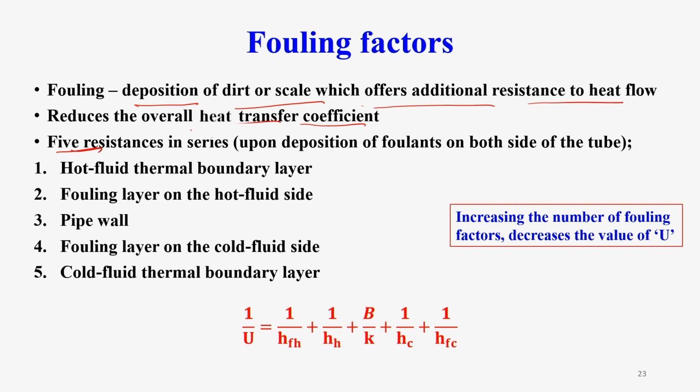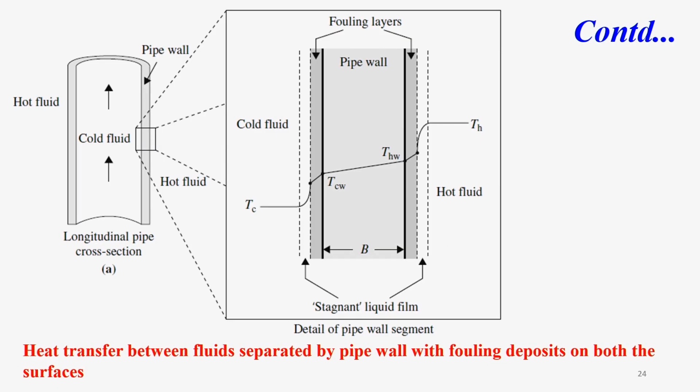First is the hot fluid thermal boundary layer, then a fouling layer, then the pipe wall, again a fouling layer, and then the cold fluid. In the figure, this is the liquid film, and now we are adding the fouling layers: resistance 1, resistance 2 the fouling layer, 3 the pipe wall, 4 again a fouling layer, and 5 the stagnant film or thermal boundary layer.